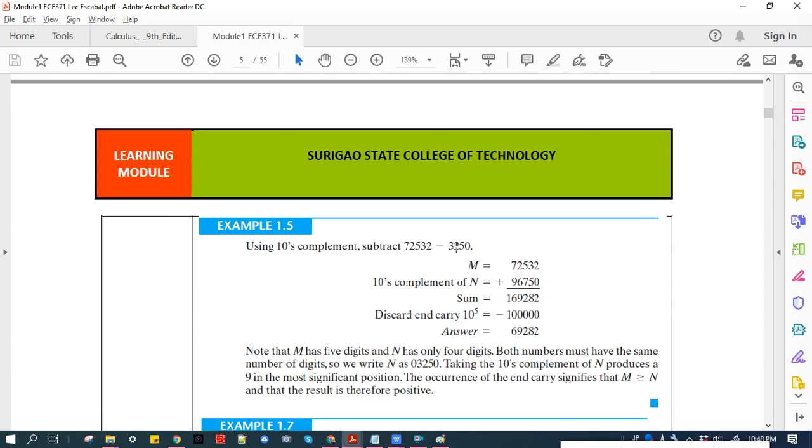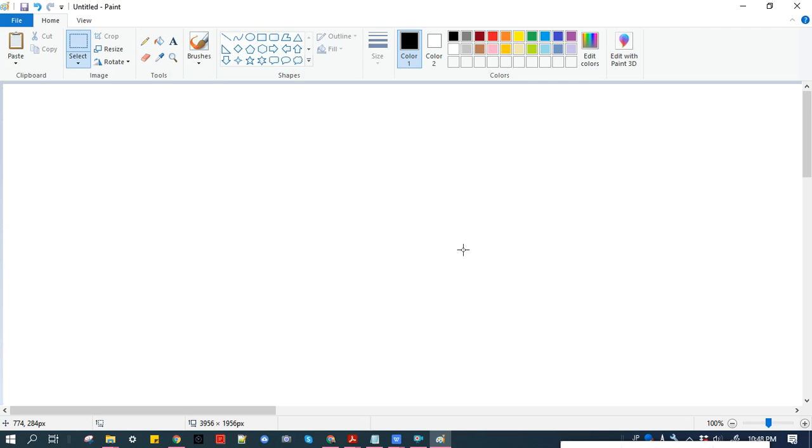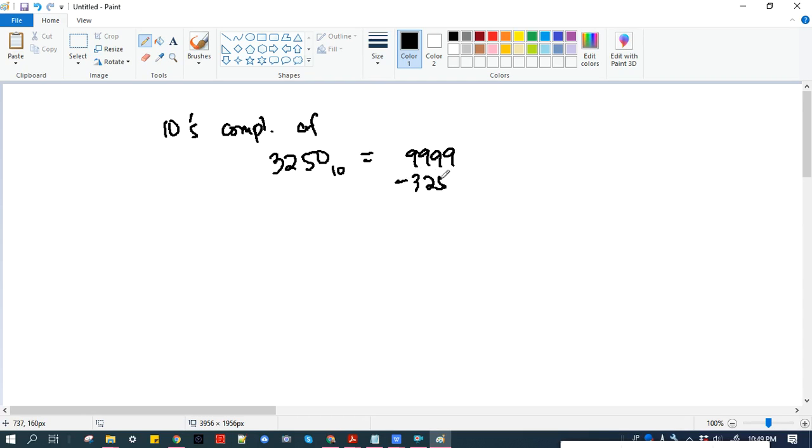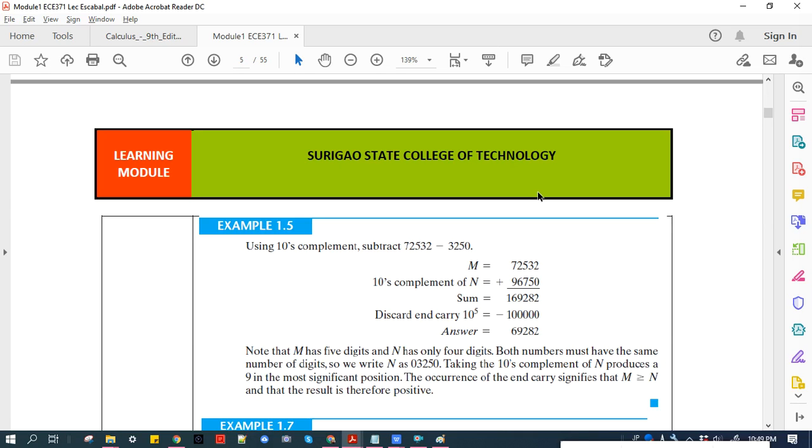What is the tens complement of 3250? There are 4 digits, so 9999 minus 3250 is 6749, plus 1 is 6750 base 10. That is our tens complement.